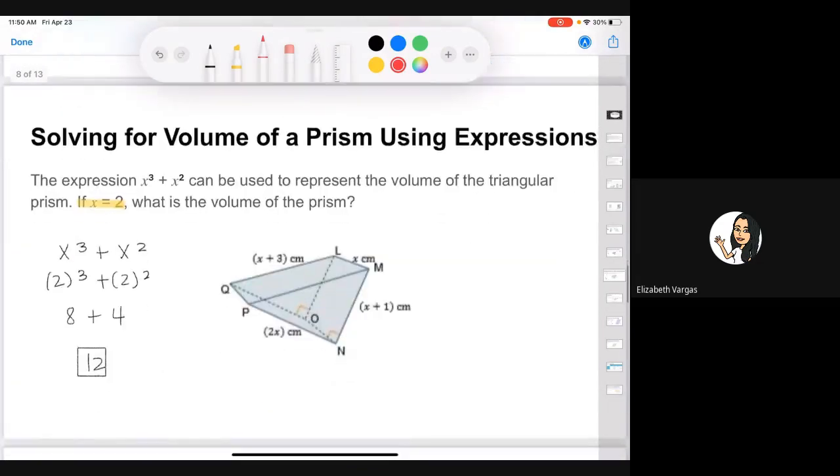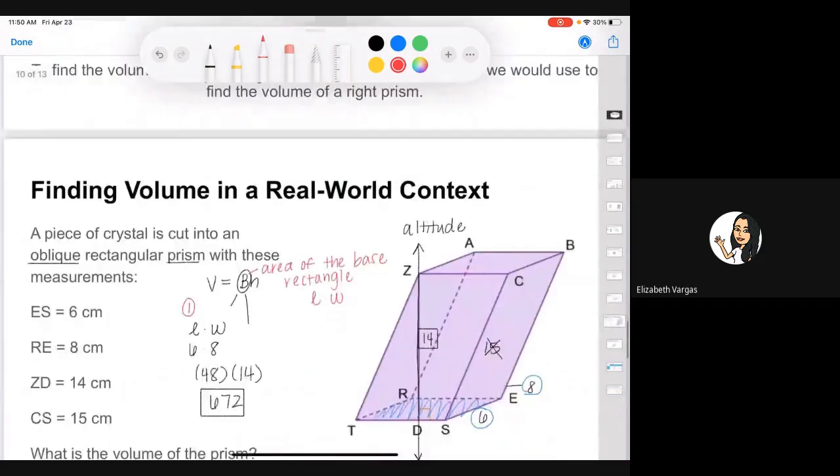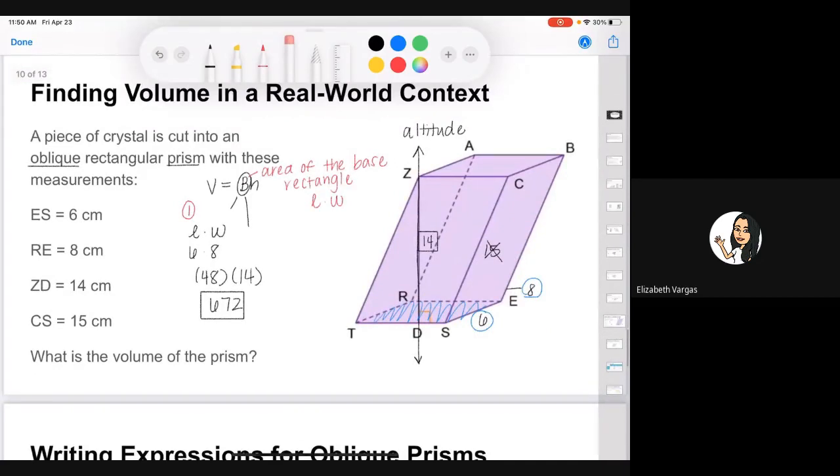Over here, that base was a triangle, so that's why I use 1/2 base times height, because that's the area equation for a triangle. So you're going to use the equation for the area of that 2D figure to find the B, the area of the base. And then because here you have an oblique prism, you're going to use the altitude height, the 14, and multiply those together.